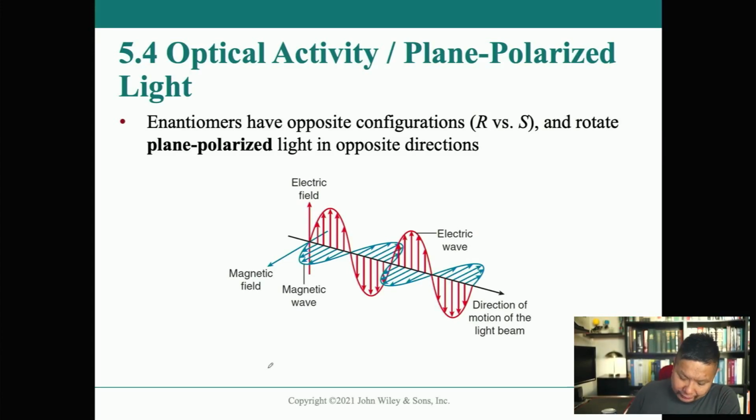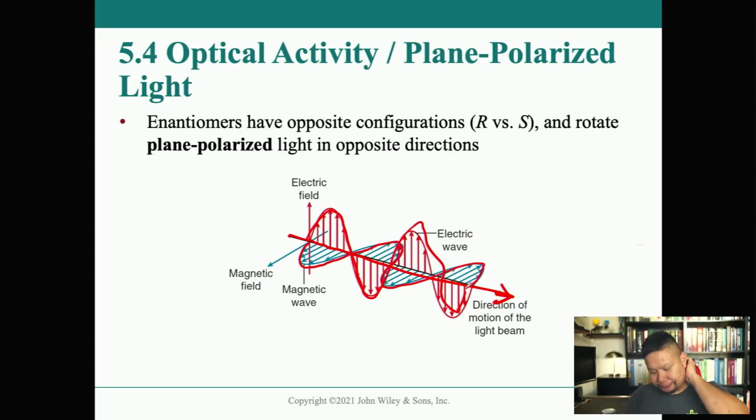So the thing to note here is that if you have the direction of light going in this direction, the electric field is pointed in this direction. The wave for an electric field will always be perpendicular to the magnetic field. Good stuff.